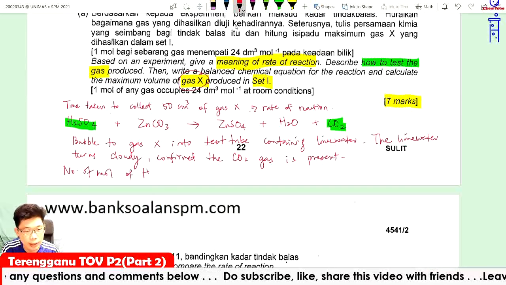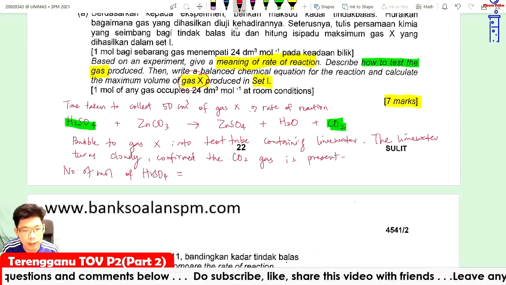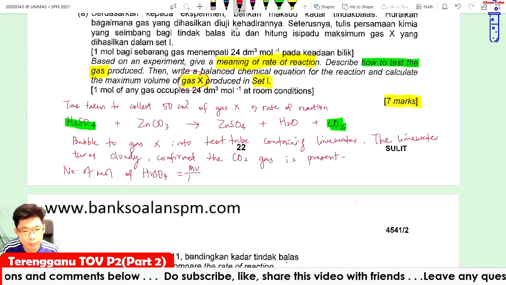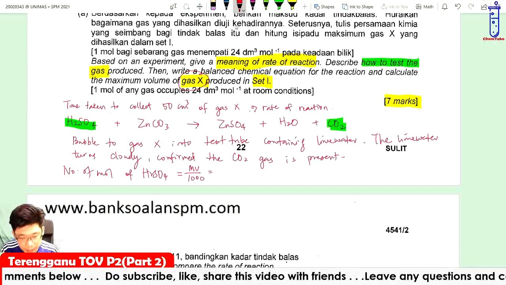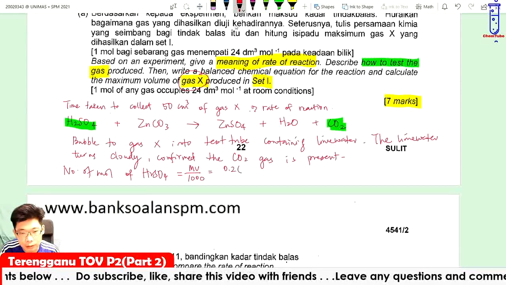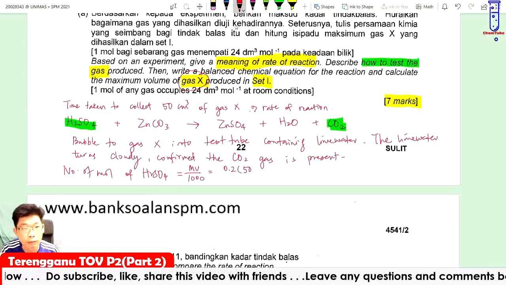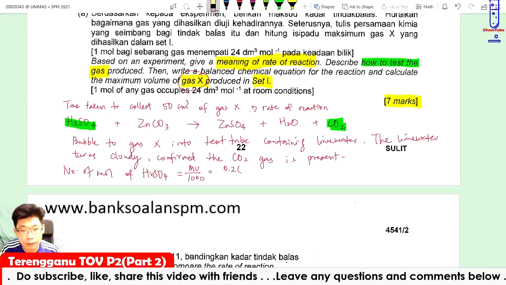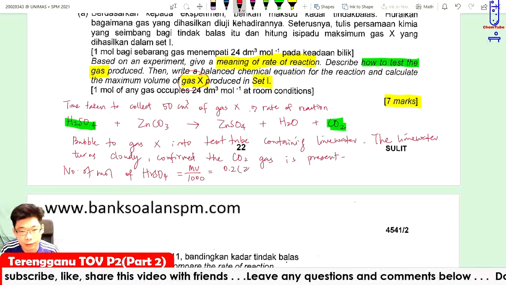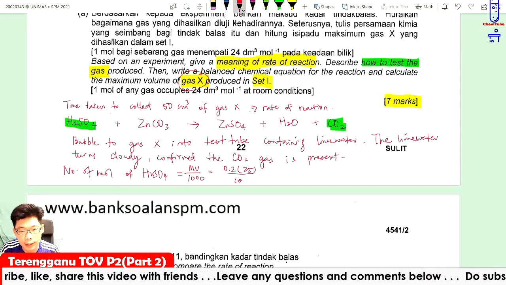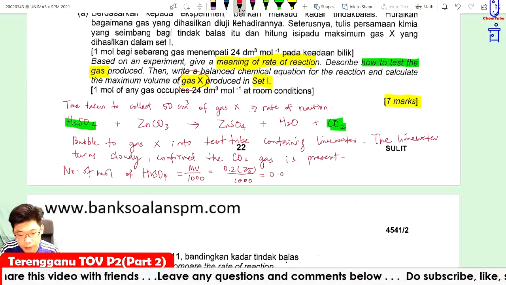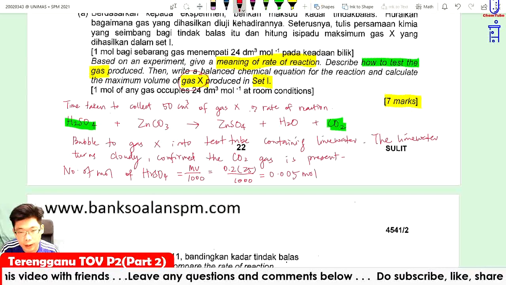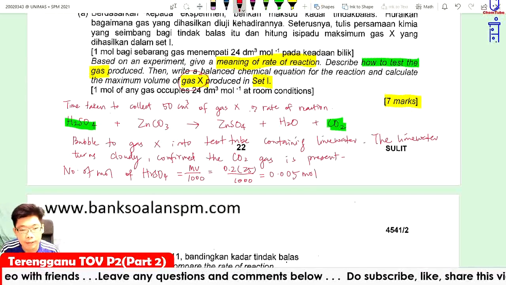We use MV over 1000. M is 0.2, the concentration, volume is 25, not 50, over 1000. You will get 0.005 mole.